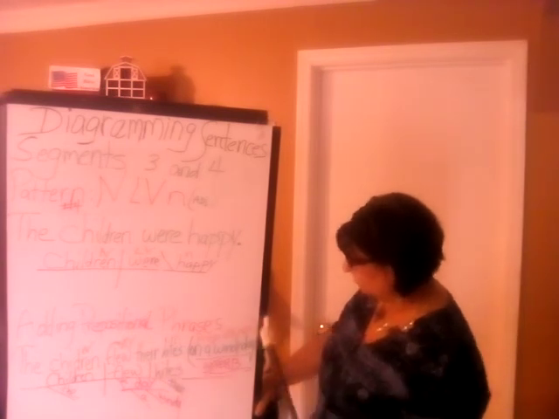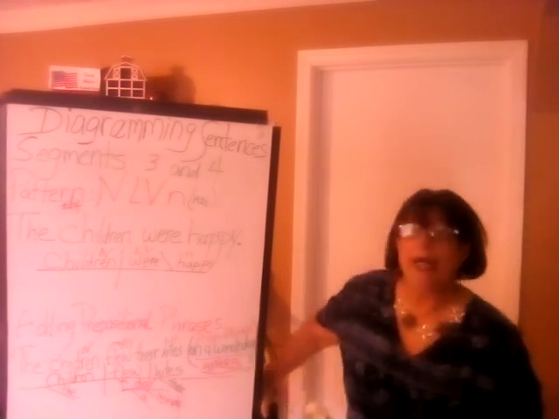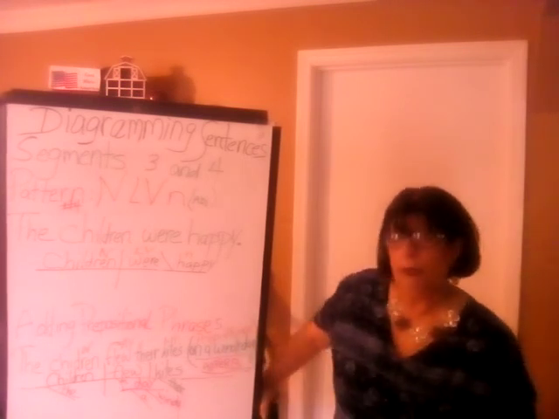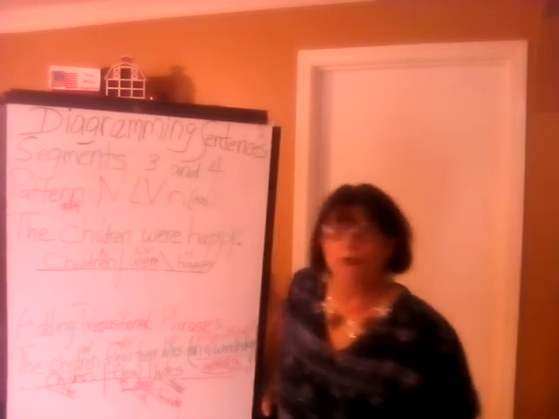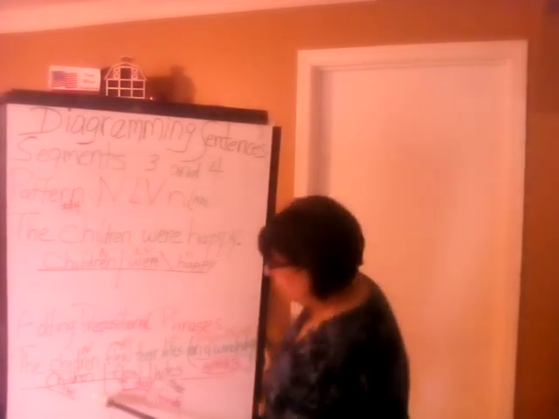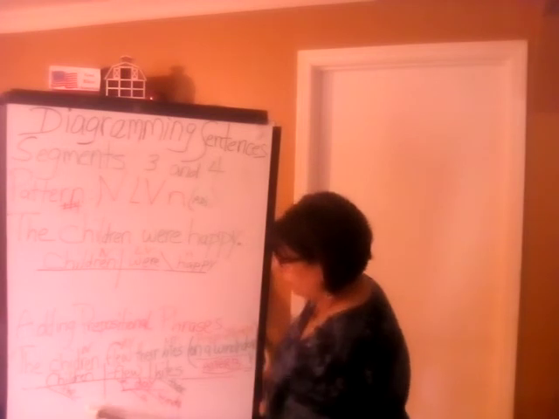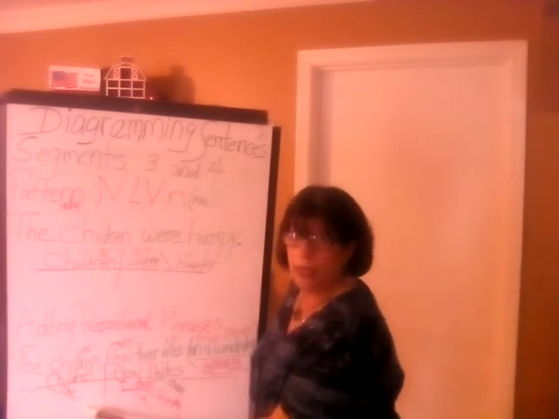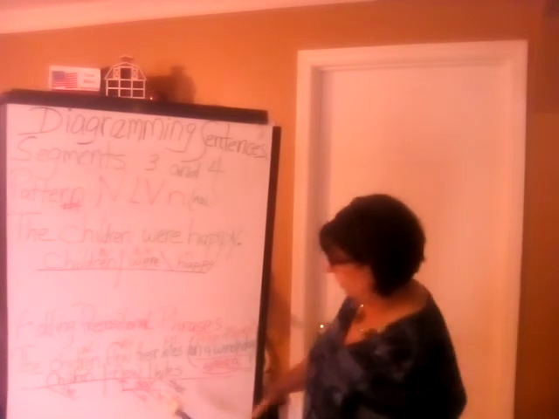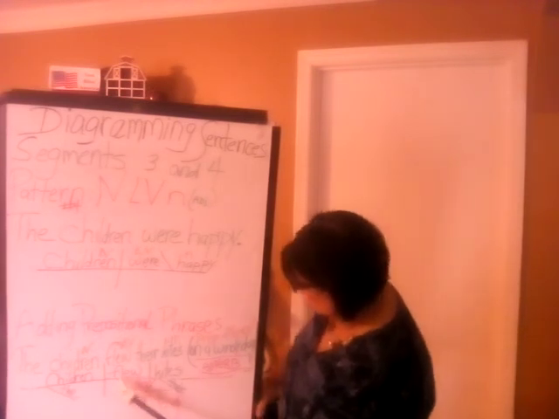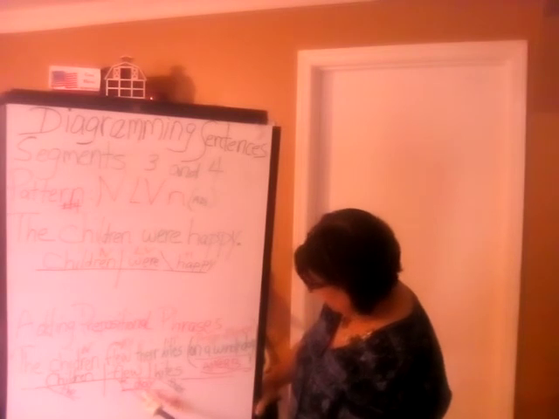Okay? Now, let's take care of our adjectives, which are a little bit obvious. What children? The children. If it is related to the noun, it goes on the subject side of the line, the left. If it's related to the verb, it goes on the right side. Flew when?